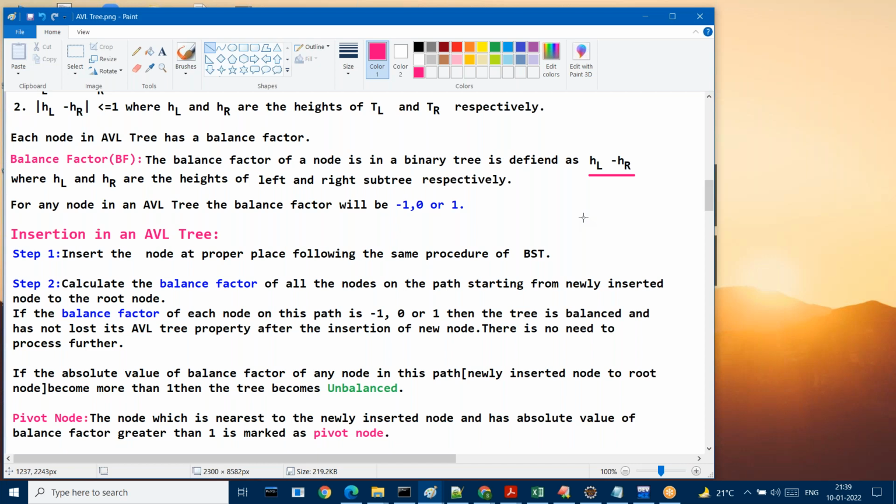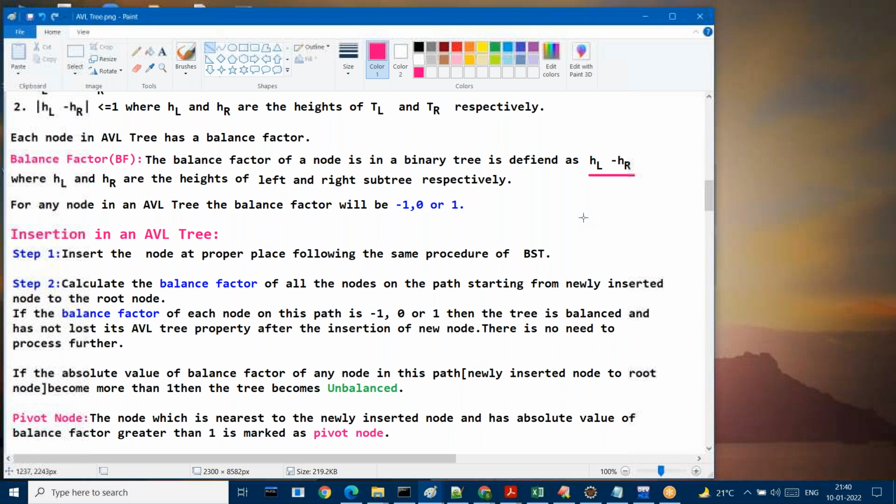And for a tree to be balanced, all the nodes must have the balance factor value either as -1, 0 or 1. I repeat, inject it in your brain. When we say that a tree is balanced or not, all the nodes, not only one node, all the nodes must have the balance factor value -1, 0 or 1.